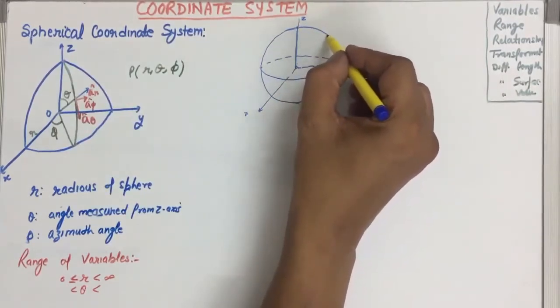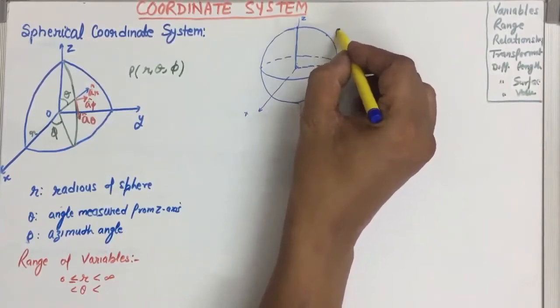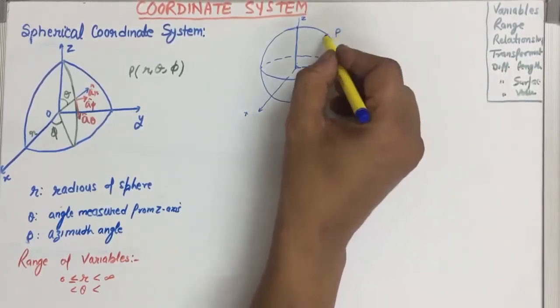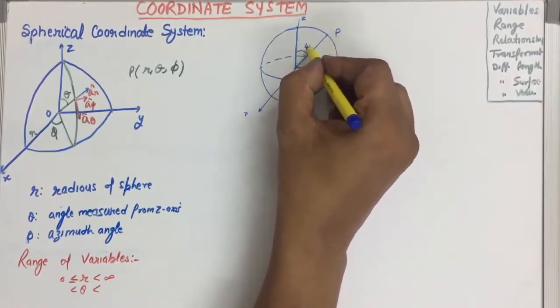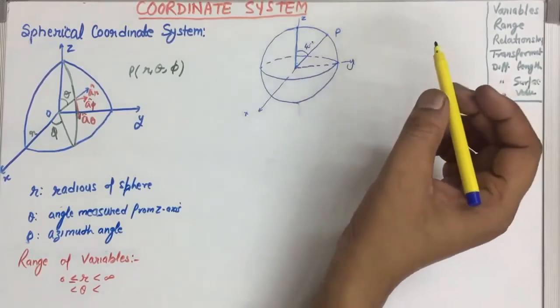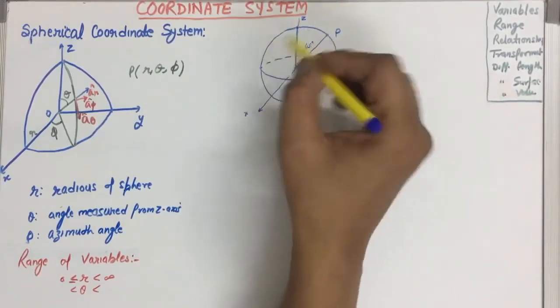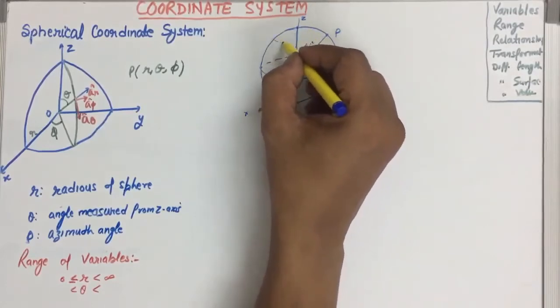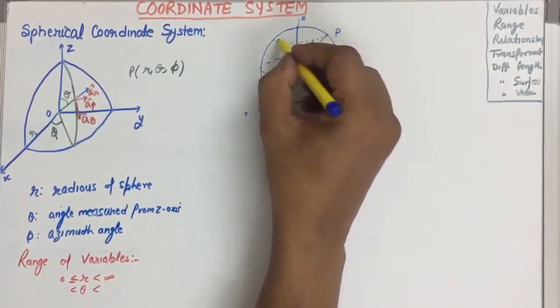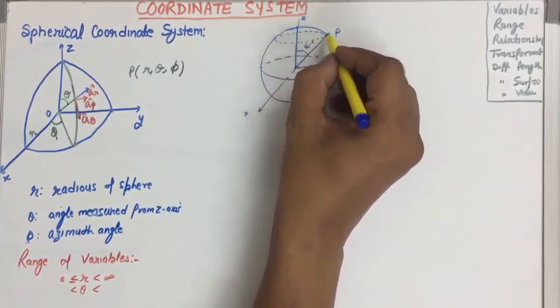Consider that you are in the middle, that is point of interest P, and you are here in the middle. Then the angle will be 45 degree. And if you wish to cover the full sphere, then you have to make a circle like that.